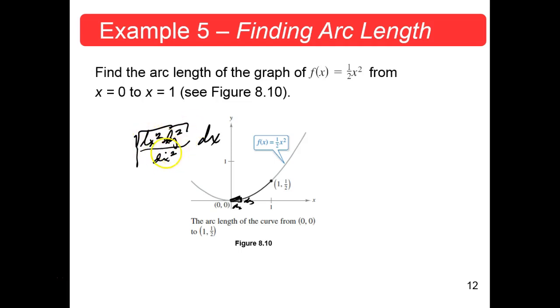Well, then dx squared over dx squared would be 1, plus dy squared over dx squared. Now, those are squared quantities. And this would be (dy/dx) squared times dx.